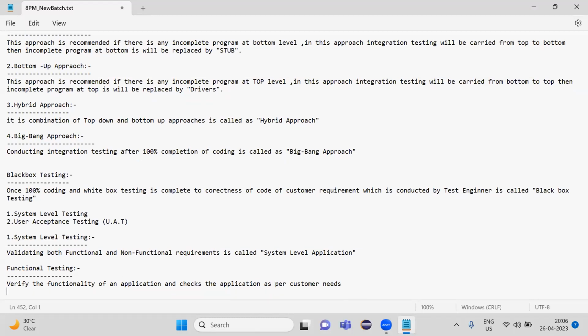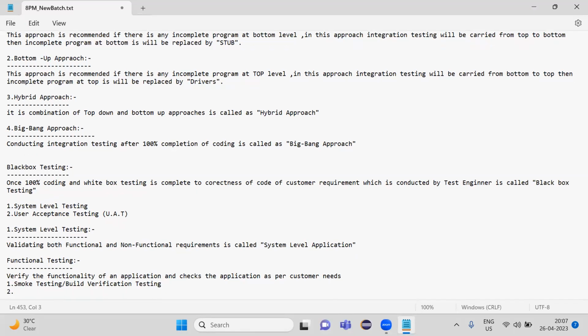Okay, what are the different types of functional testing available? What types of testing do we have to do? Smoke testing. Another name for smoke testing is build verification testing. Second one is positive testing.